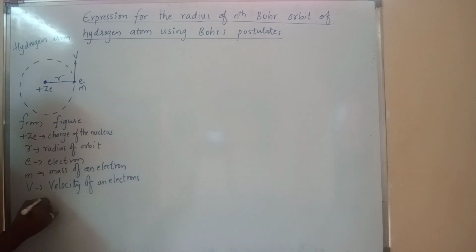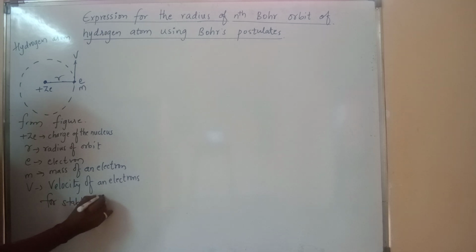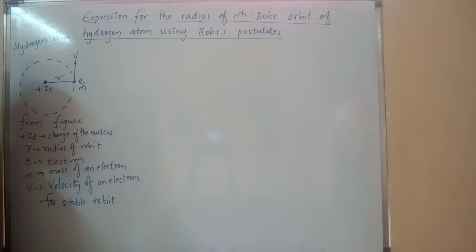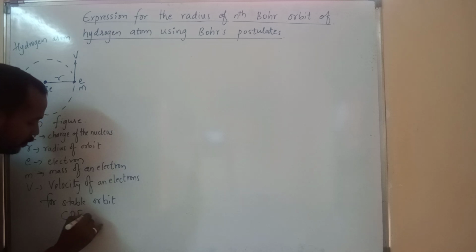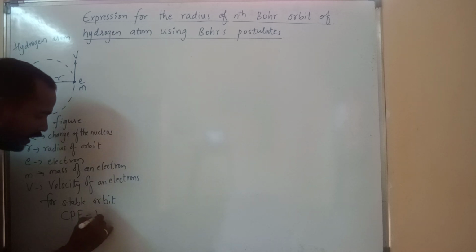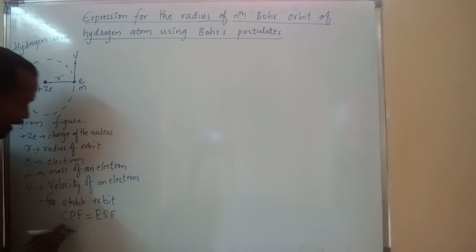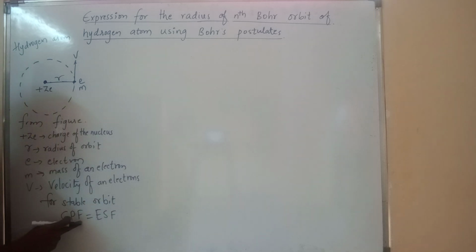And also we know that for a stable orbit, the centripetal force must be equal to the electrostatic force. We have already studied this, but I am writing it here in short form. What is the centripetal force here?